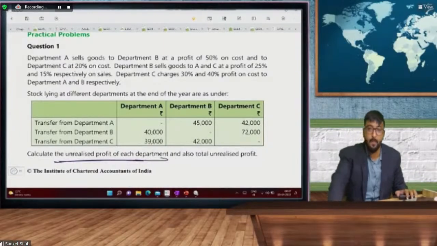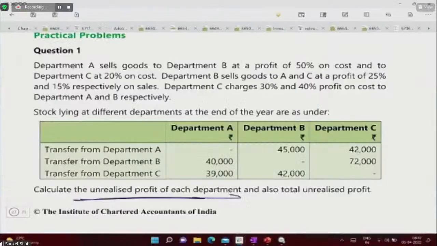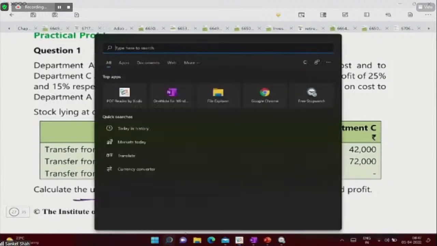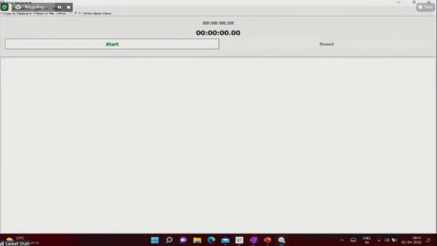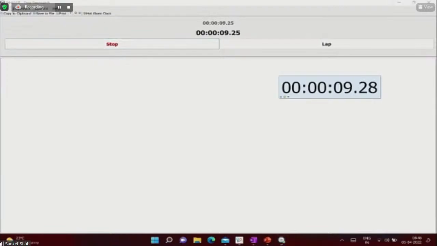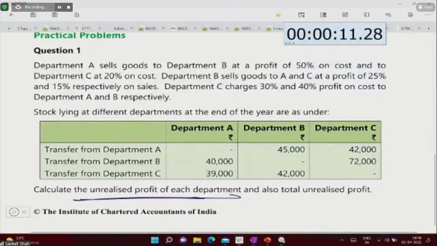Chalo, quickly. Exactly 5 minutes. Fast.